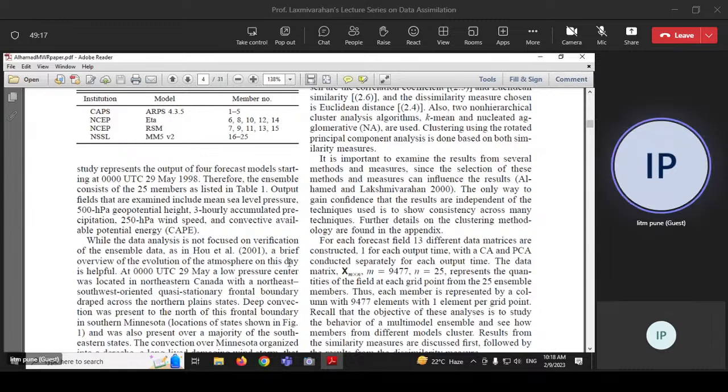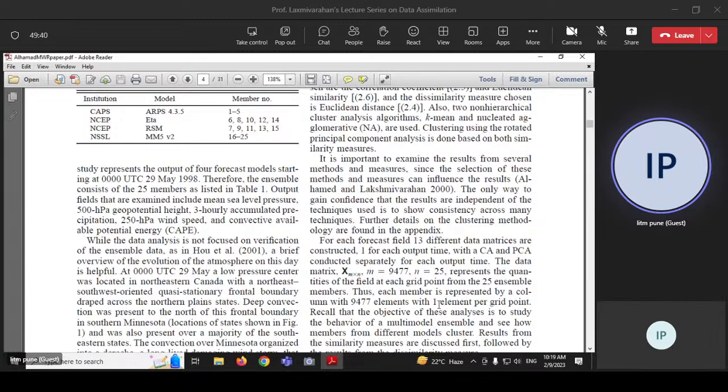Okay, now how many data points are there in the domain? 9,477 points. Yeah, you remember my YAM? There are 25 members. So what is my matrix? 9,477 times 25.